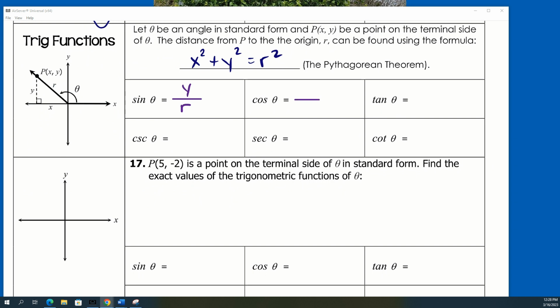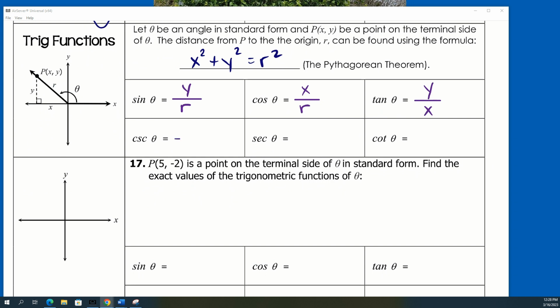For the cosine of theta, we're going to take the x and put it over the r. And then for the tangent of theta, we're going to put the y over the x.